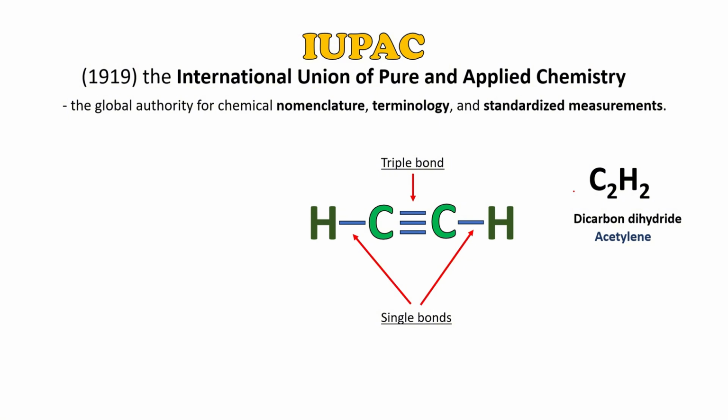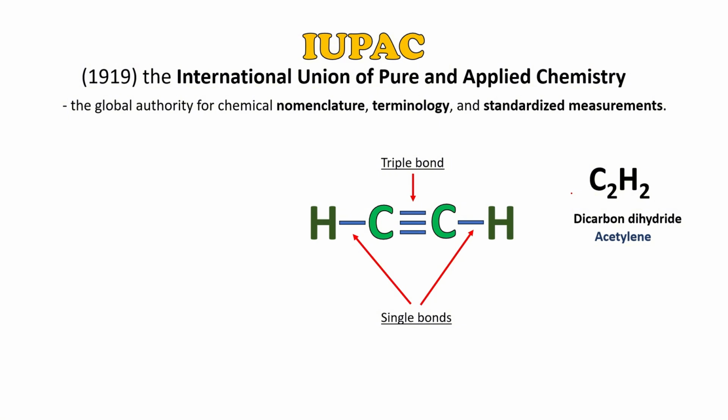If a new element is discovered, they will be the one to name it as well, and they will measure the density and everything for that element. Okay, so they are the ones giving us the rules.